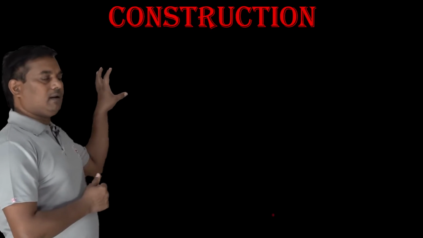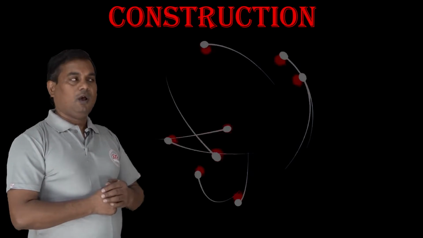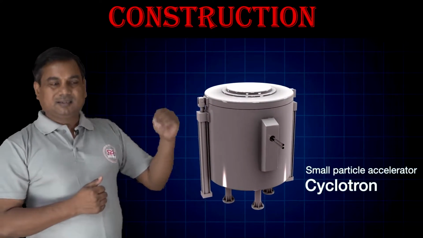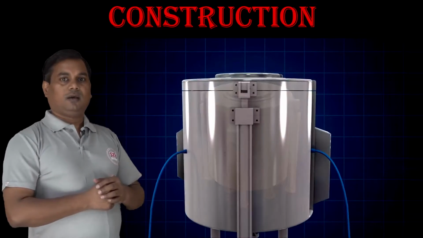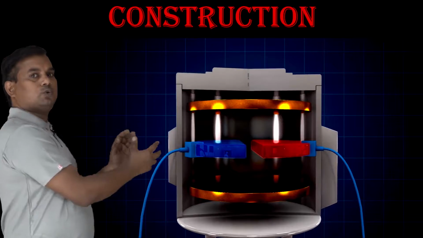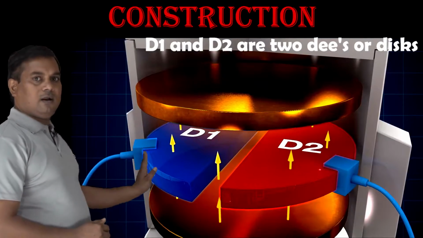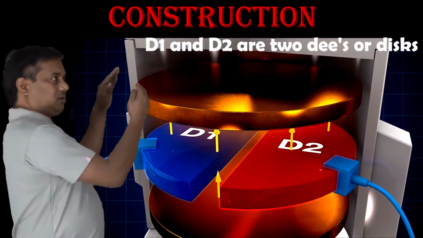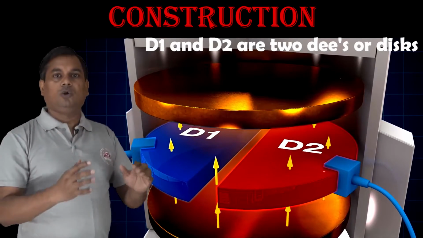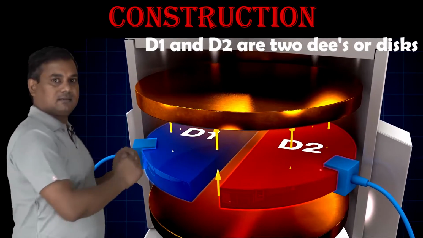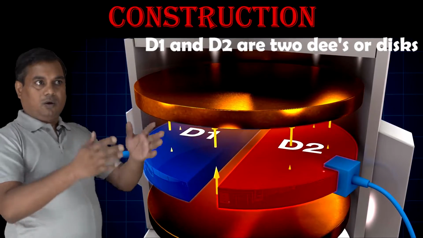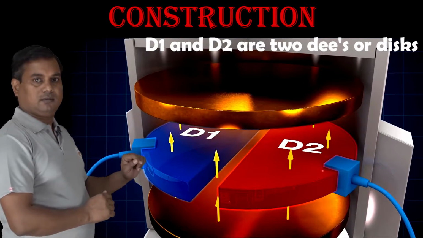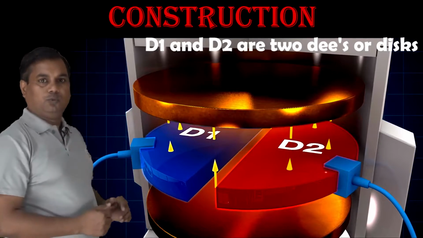Now we are coming to construction. The cyclotron is made of two semicircular hollow metallic discs whose straight faces are face to face, towards each other.